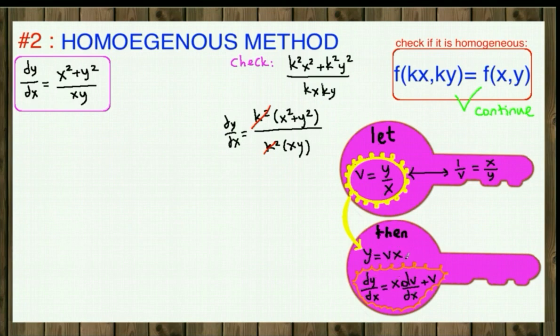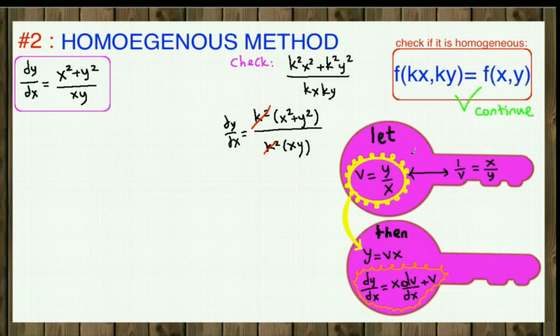If you differentiate this using the product rule, the derivative of the first function, which is dv over dx, times the second function itself, plus the derivative of the second one times the first one, what you're going to get is dy dx equals x times dv dx plus v, from the y equals v times x equation.